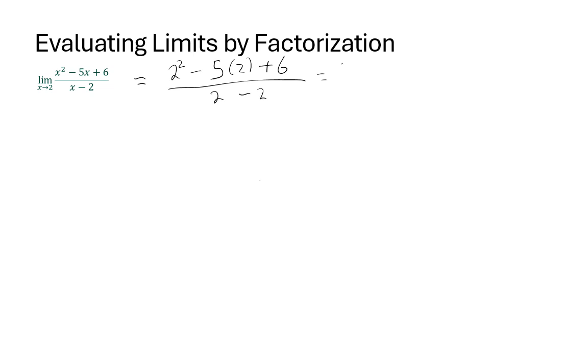So here it will be 4 minus 5 times 2, which is 10, plus 6 over 2 minus 2, which is 0. Here 4 minus 10 is minus 6, plus 6 over 0. And minus 6 plus 6 is 0, divided by 0. So we have this case, therefore we have to use a special method.